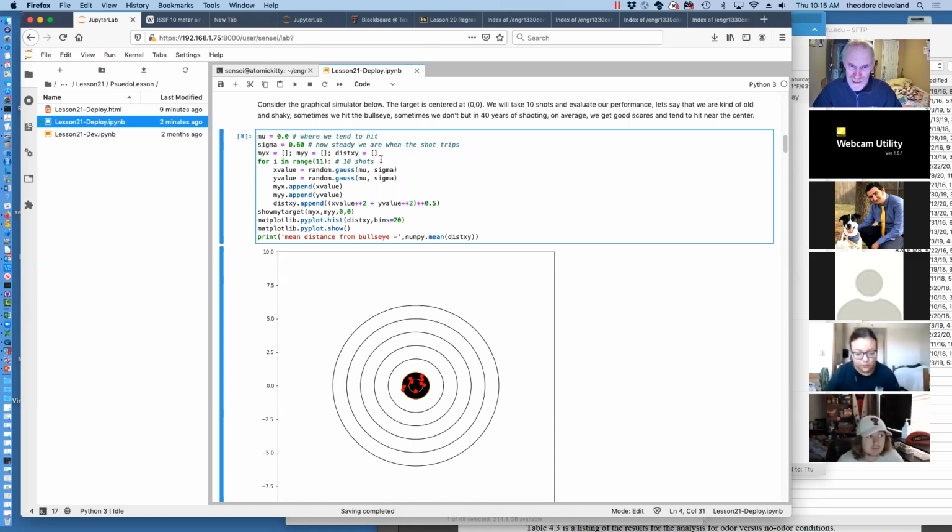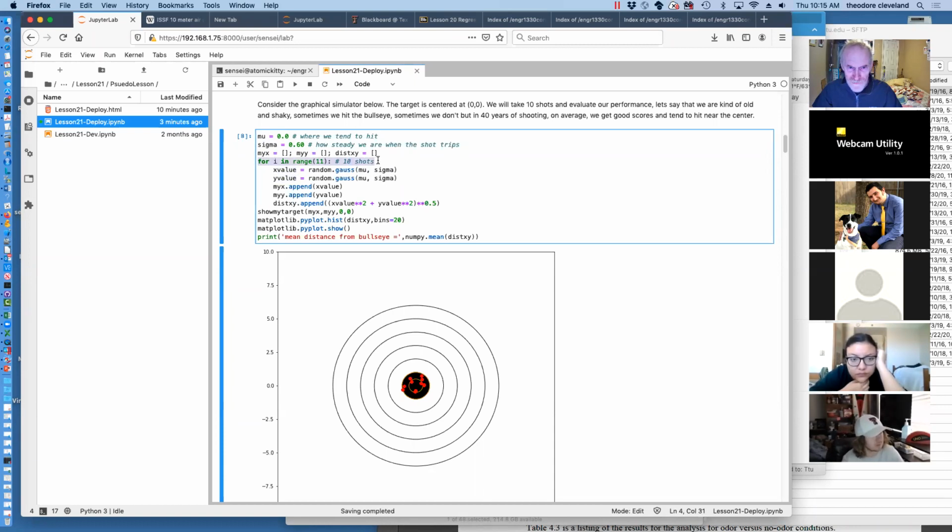Then we're going to take our 10 shots. In our case, we're going to sample our 10 shots from a Gaussian distribution with mu and sigma. And so our x value will contain 10 samples from that, and our y value will contain 10 samples. And you'll notice how we're constructing it.